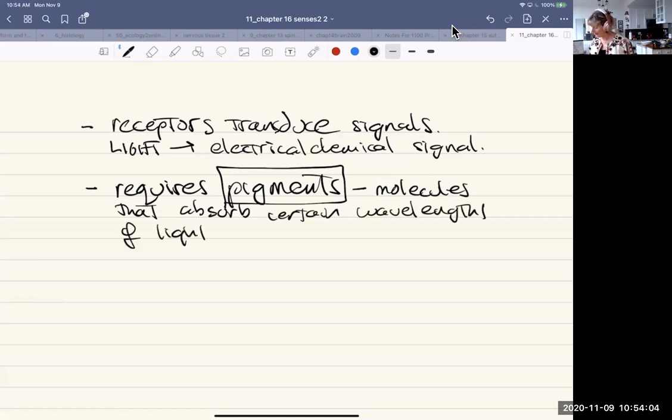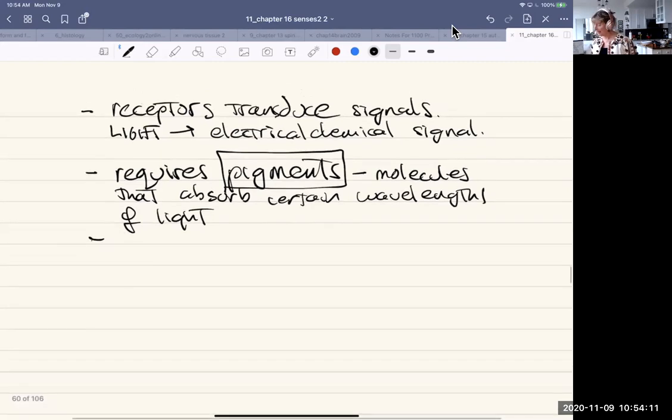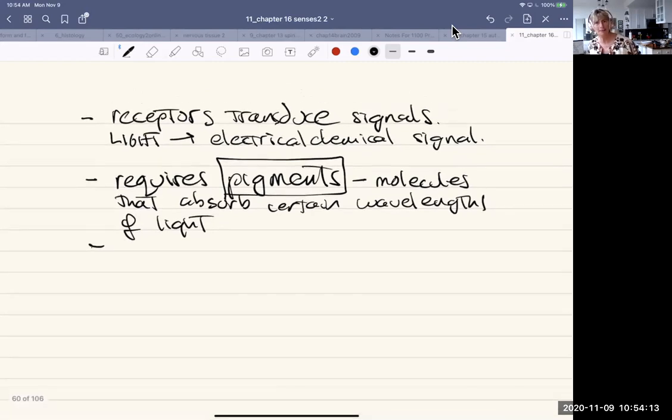And the interesting thing about the pigments in your eyes, retinal, is that it changes shape when light hits it.